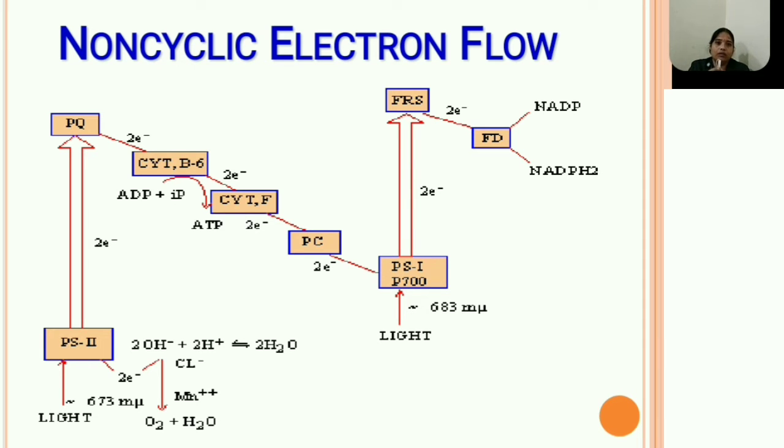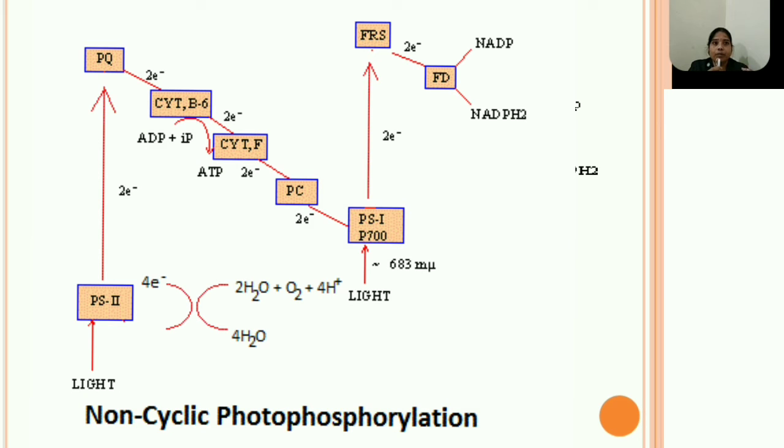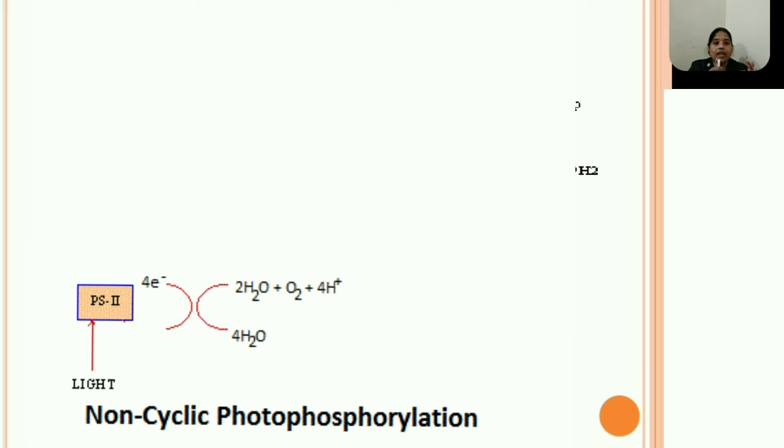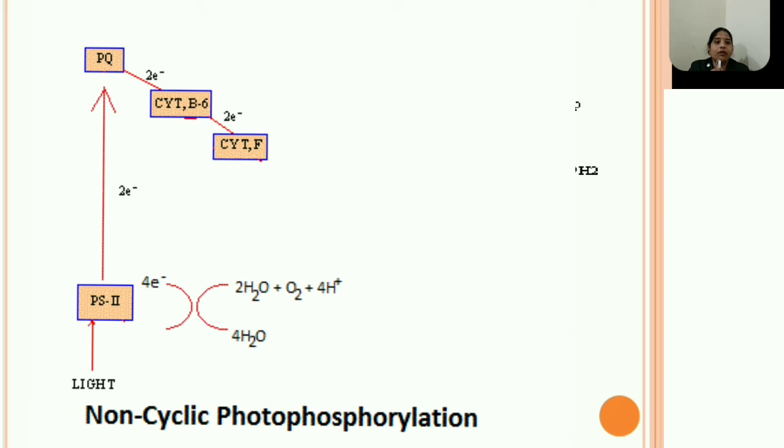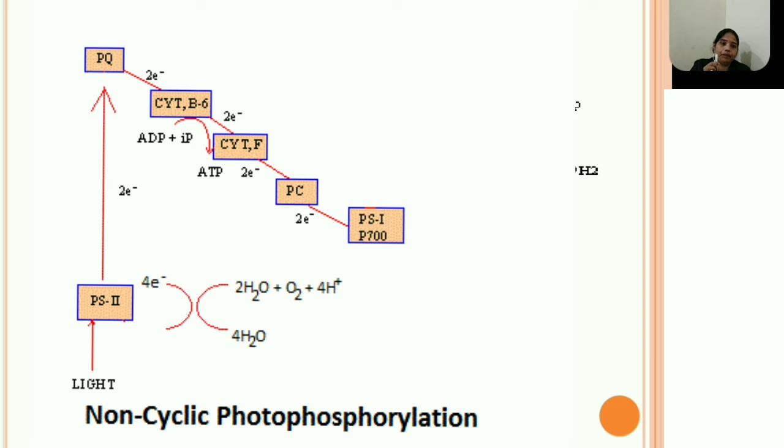Photolysis of water occurs in non-cyclic photophosphorylation. The first important point is that photolysis of water occurs. ATP and NADPH2 are synthesized, meaning the end products are ATP and NADPH2, but it is absent in bacteria.